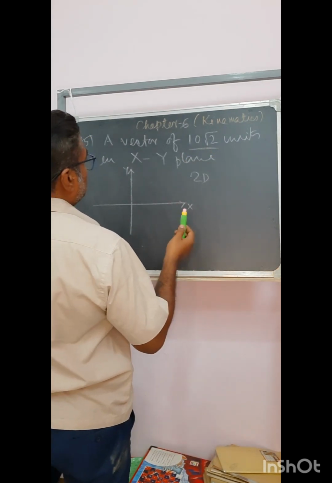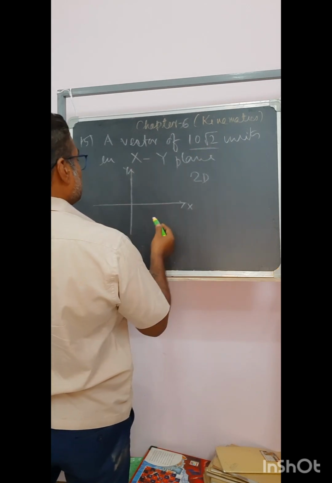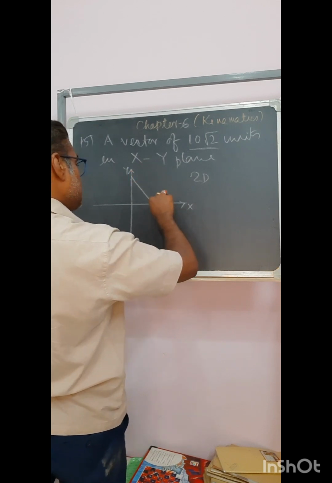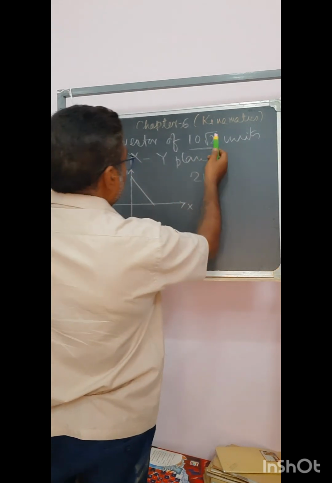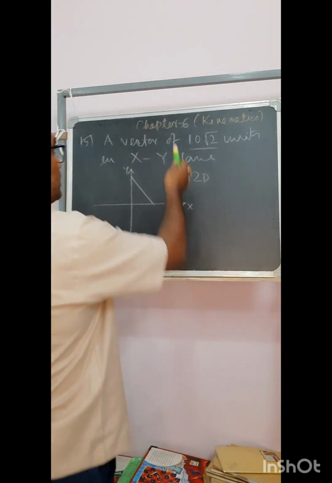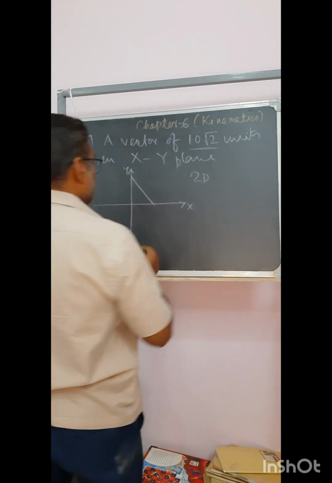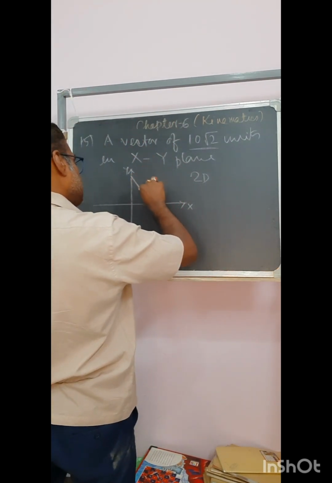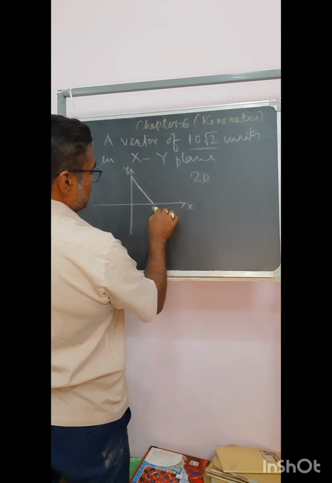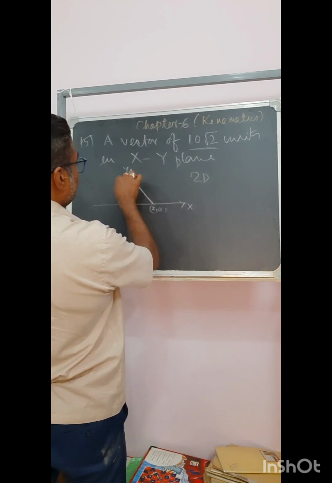This can be denoted with a line. There may be n numbers of solutions. If I draw a line denoting a vector with end points, this is x comma 0, this is 0 comma y.